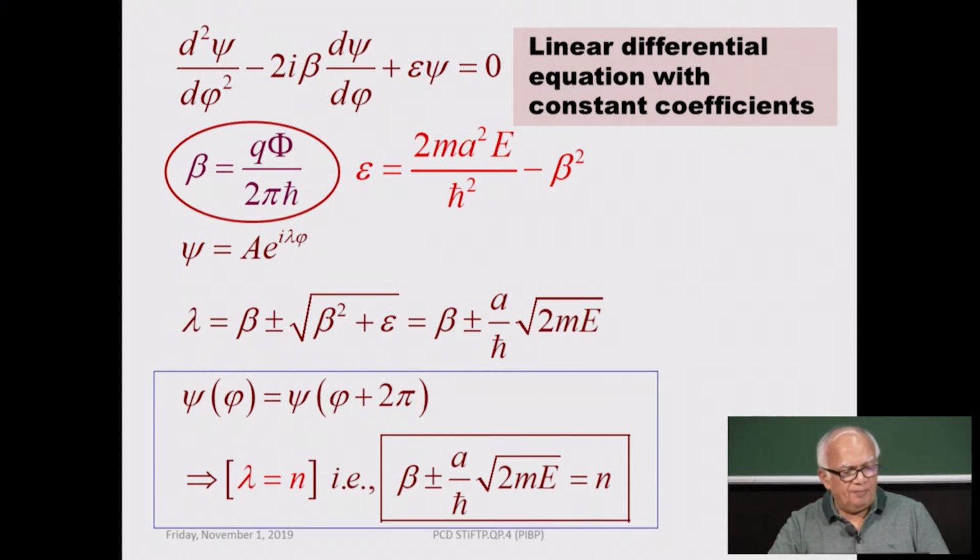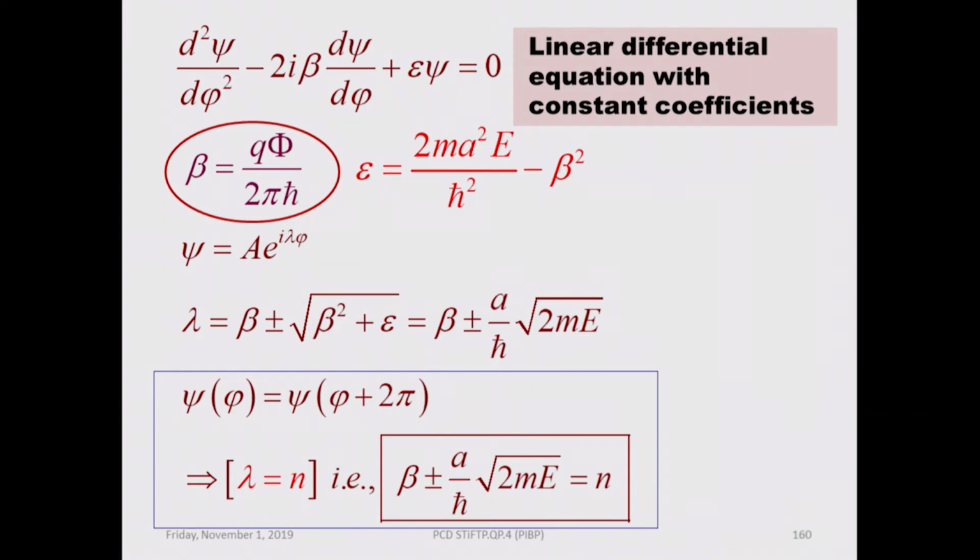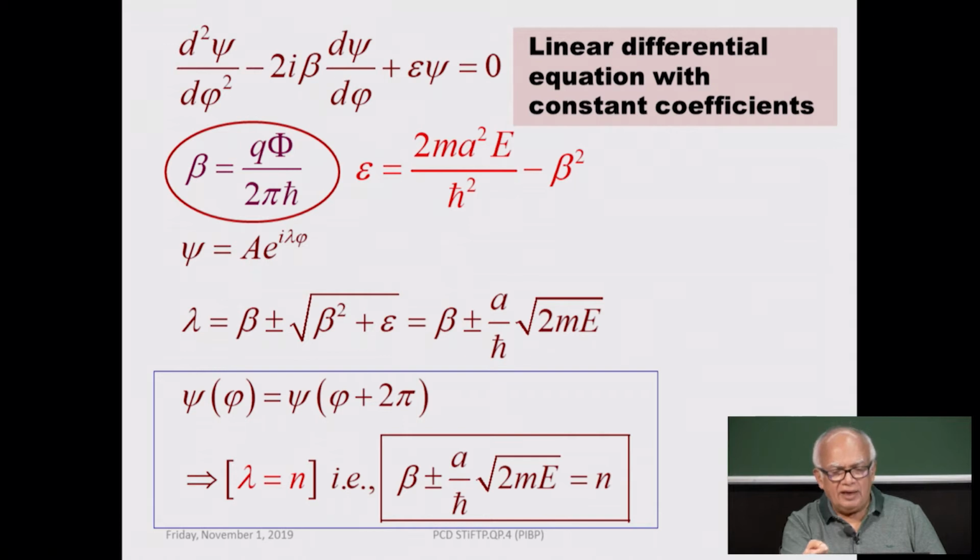You also have the uniqueness property of the wave function. So, if you are looking at the wave function at some point and then go around and come back to the same point by adding 2 pi to the azimuthal angle, the value of the wave function should not change, and that ensures that there is quantization. Okay, there is discreteness which is coming out of this uniqueness condition.